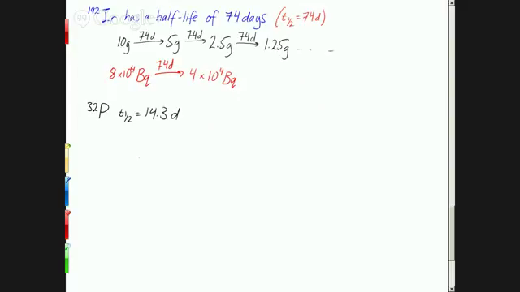So what I might ask is, how long until 1 milligram remains of an 8 milligram sample? So we have 8 milligrams of phosphorus 32. How long until there's only 1 milligram left?